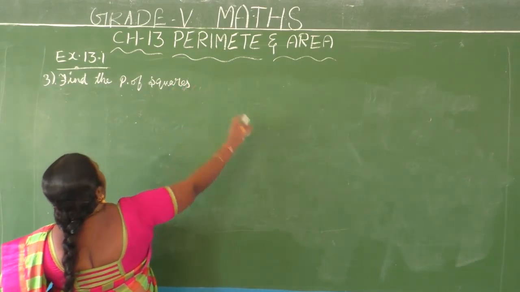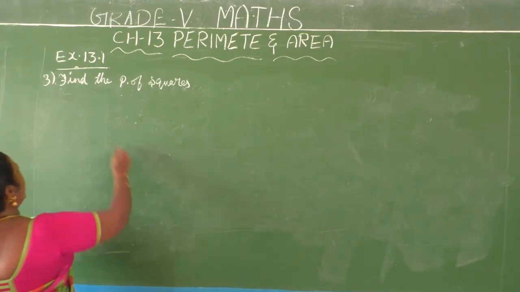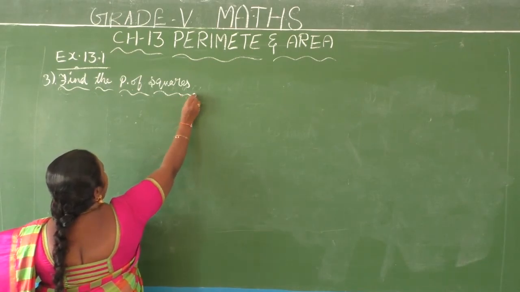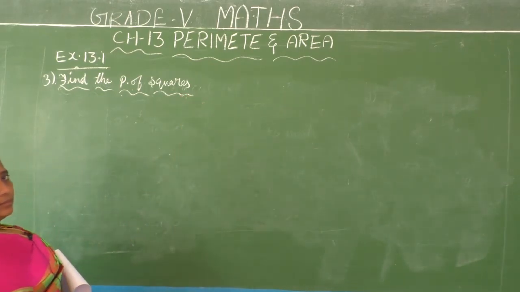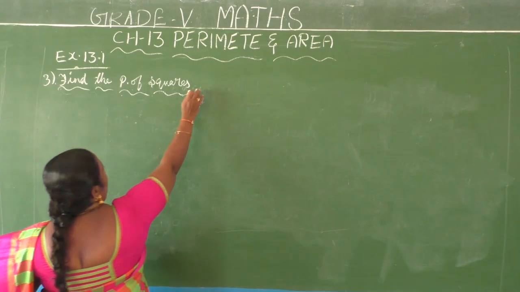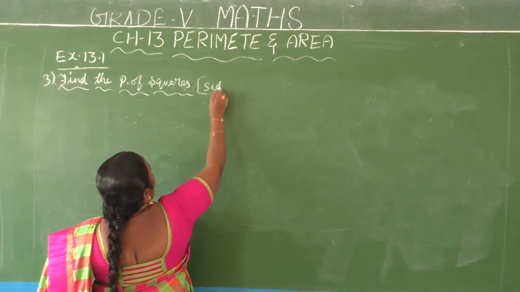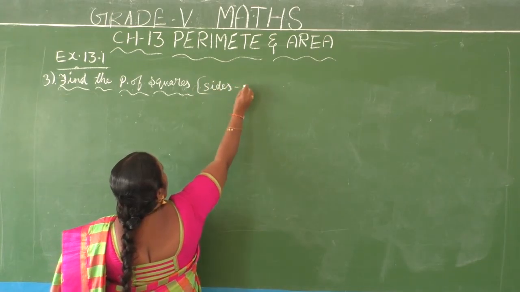Here in a bracket they gave one clue: sides are given in centimeter, because in each sum they didn't mention the unit. That's why in the Roman they mentioned that sides are in centimeter.